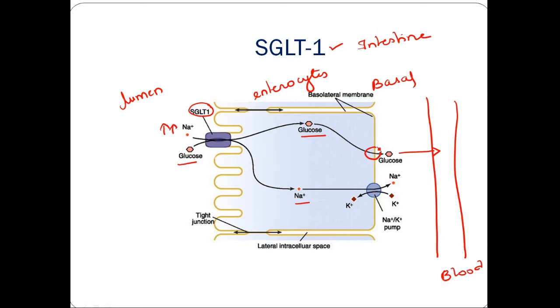Here, GLUT2 carrier molecule is present which is involved in transport of glucose out of the enterocytes. This excess of sodium will be transported outside and to balance this, potassium will come inside the cell by the help of sodium potassium pump, and it requires ATP hydrolysis.